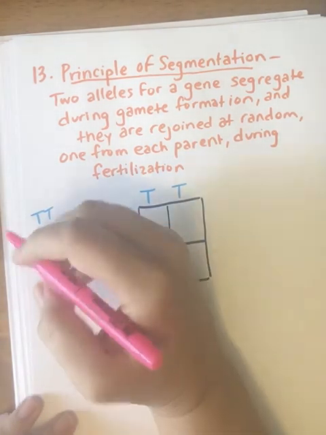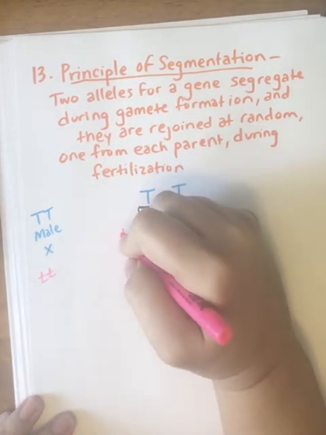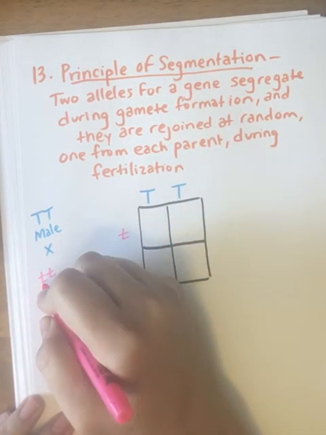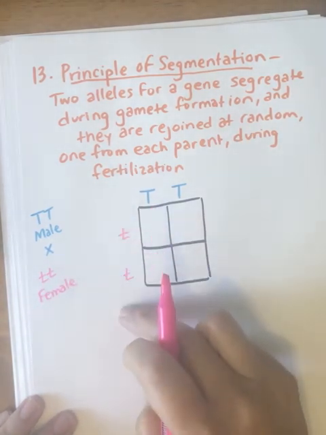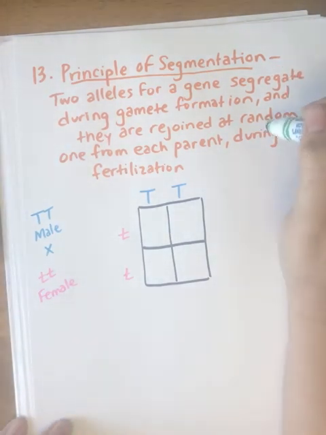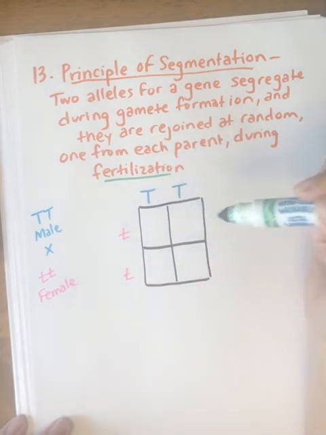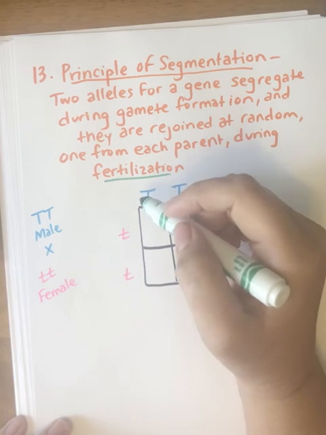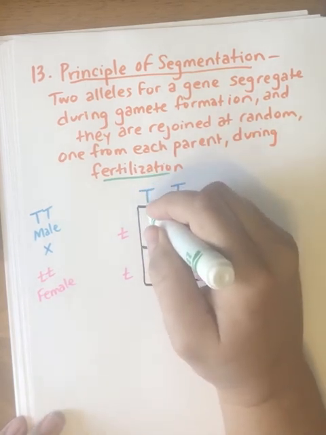So the gametes have to separate. So you could say that this is the female and her gametes have to separate during meiosis. Now they rejoin each other at random during fertilization. So the sperm cell has to fertilize the female cell. So what happens during fertilization is these rejoin together.